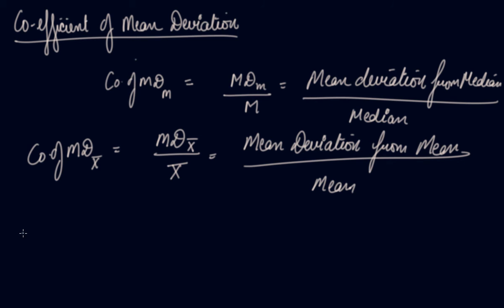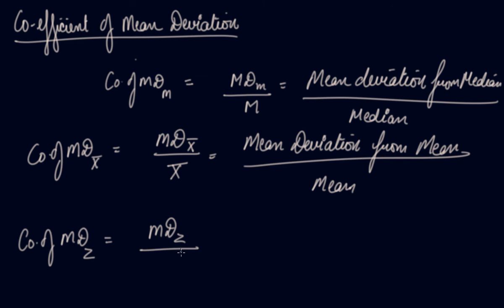Now if they have asked you to find out the coefficient of mean deviation through mode, so we'll find out the mean deviation through mode. Simply calculate the mode, subtract the x series from the mode and take the summation.